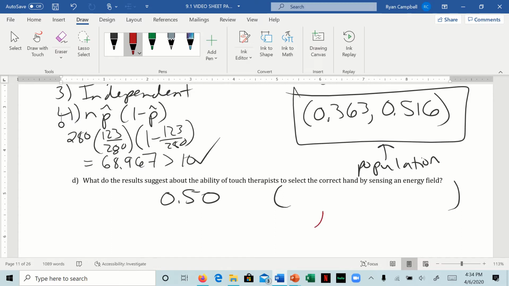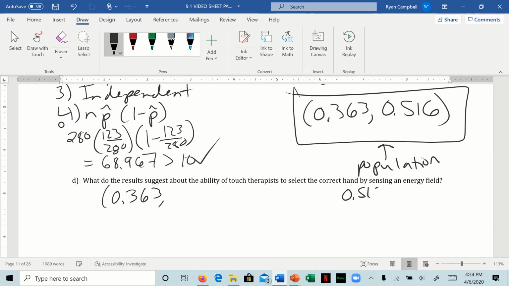We would need the proportion to be higher. It would need to be 70% or 90% or something like that, right? But if we look at our confidence interval, we have 0.363 and we have 0.516, right? And 0.5 is right in between there.